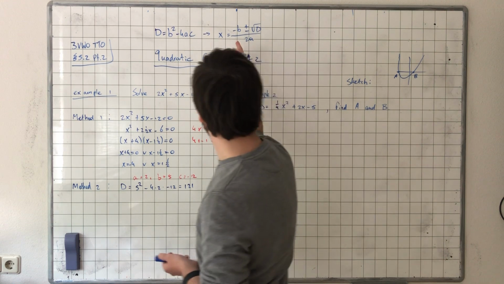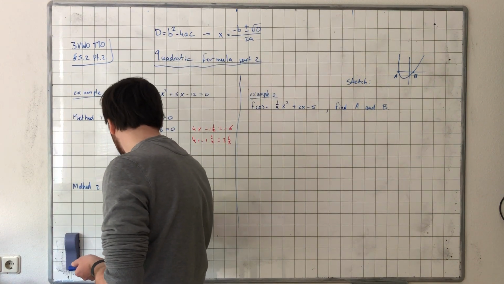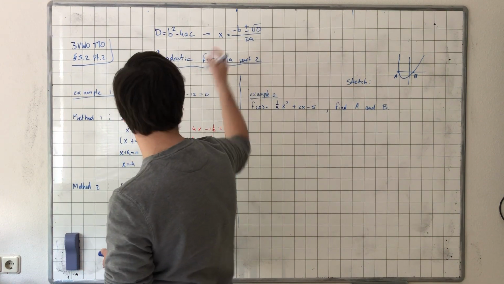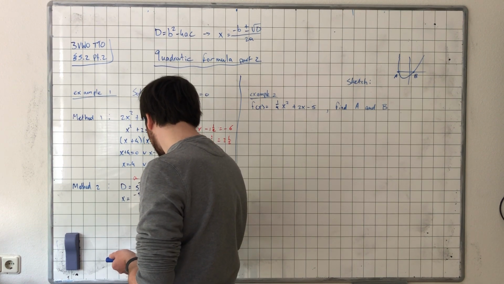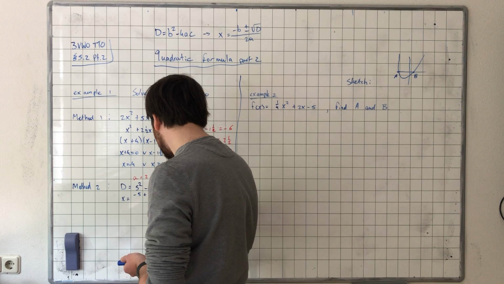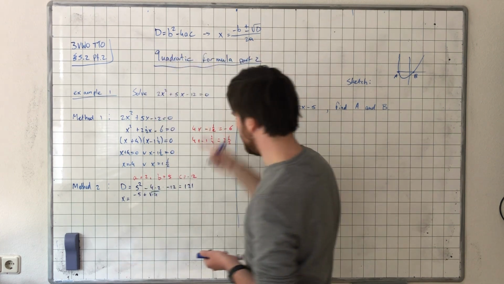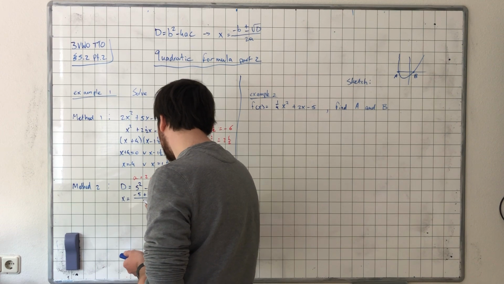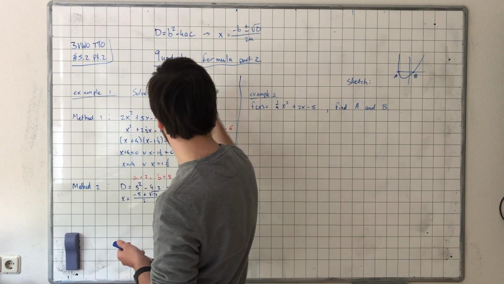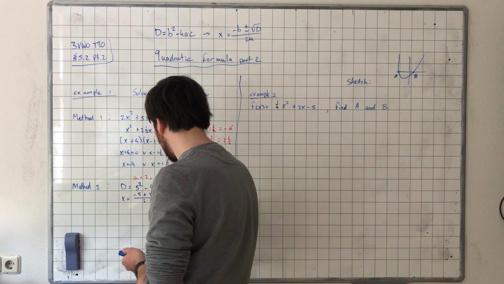So now we're going to try and calculate our first x, which we'll do by taking minus b, minus 5, plus the square root of d, which is the square root of 121 in our case, and then divide this by 2 times a, which is 2 times 2.